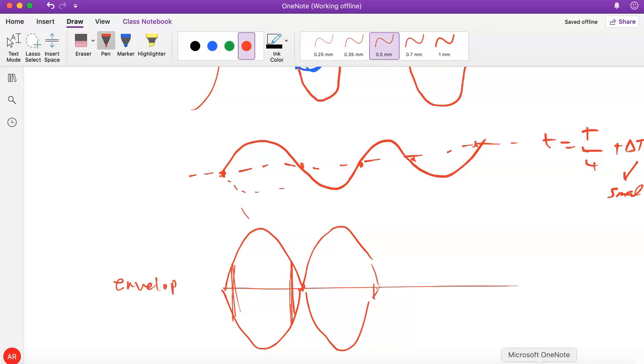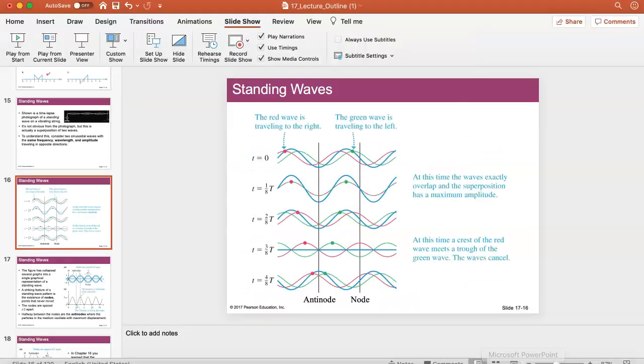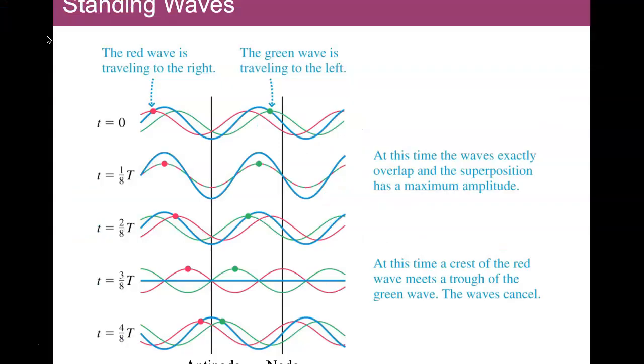Okay, so let's go back, try to see these pictures a little bit better. It helps to draw these by hand, because staring at a figure may be quite confusing. But once we do it once, we can have a good sense of what is happening. So here they're all drawn together.